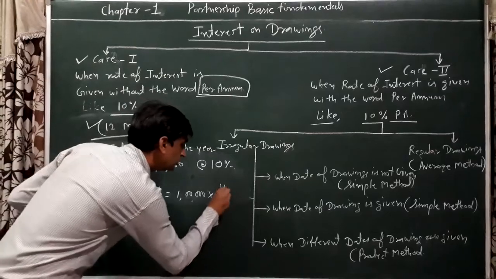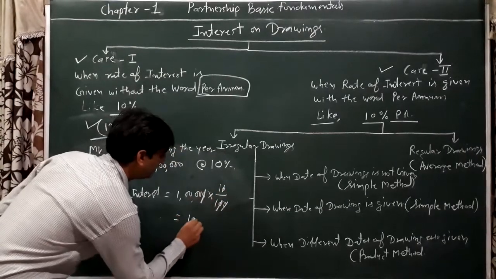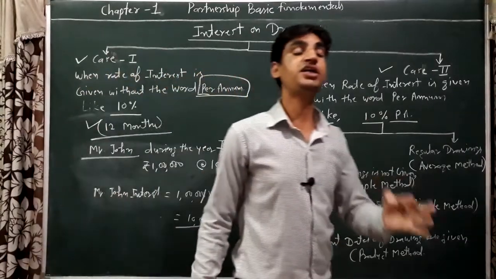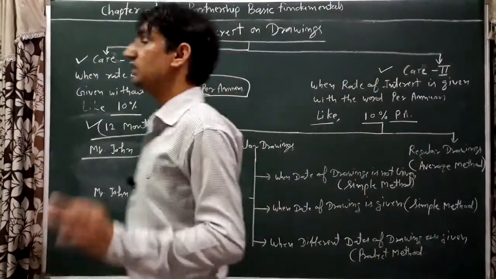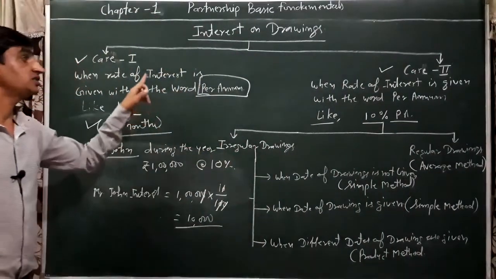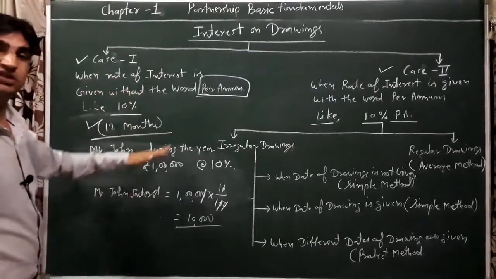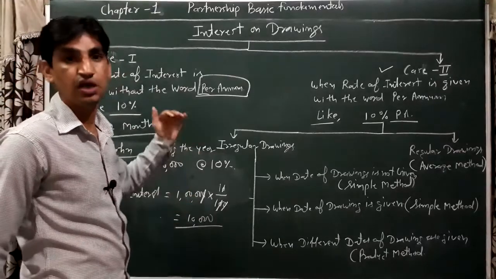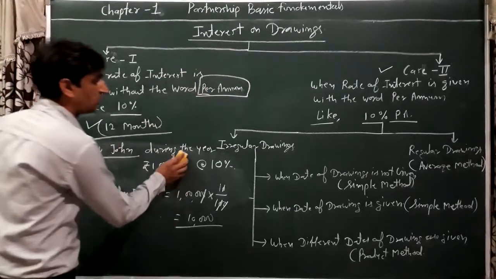So here 10 cuts 10, this 0 cuts this 0, your answer will be 10,000. 10,000 will be the interest on drawings for Mr. John. I hope case first, when the interest rate is given without the words per annum, and how interest on drawings is calculated in such a condition, you understood properly. Now we will discuss the second important concept.